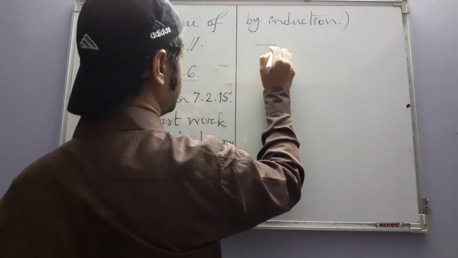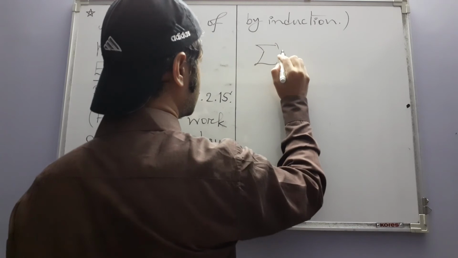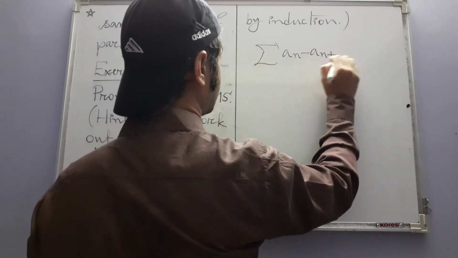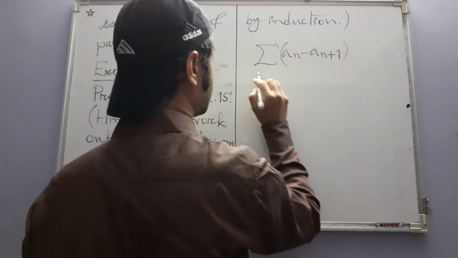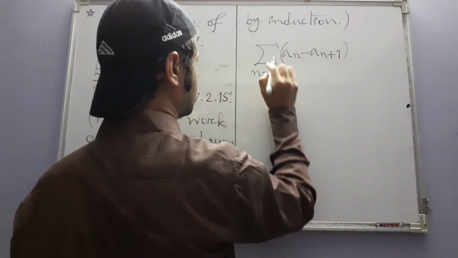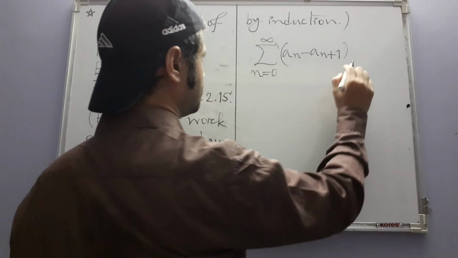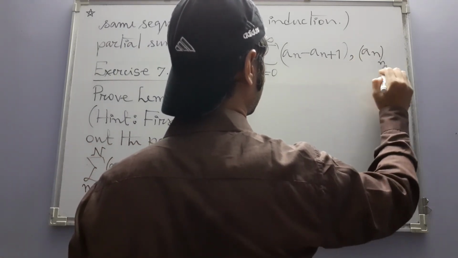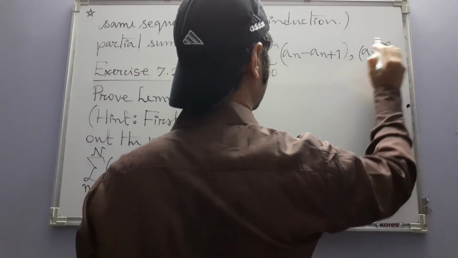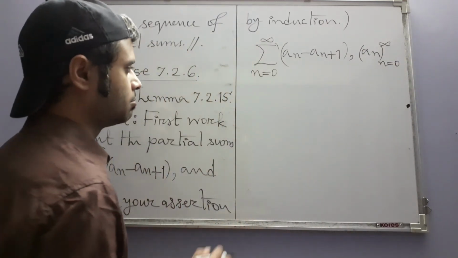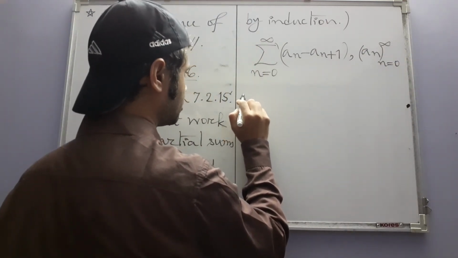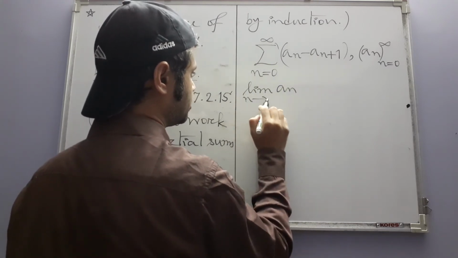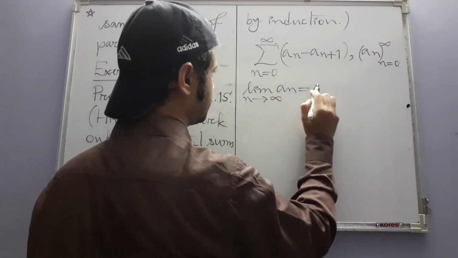We have a series which looks like this, where this a n is a sequence of real numbers with the condition that it converges to 0.